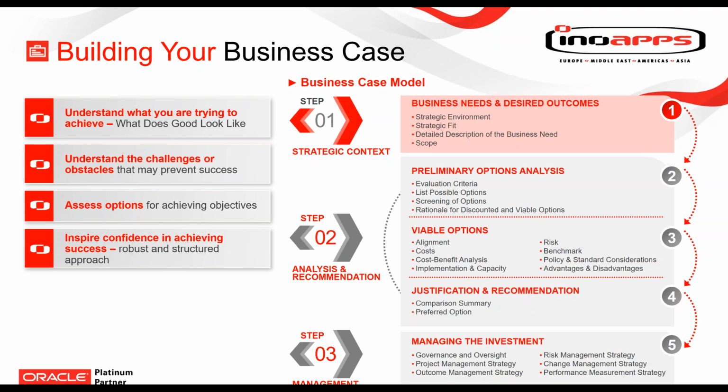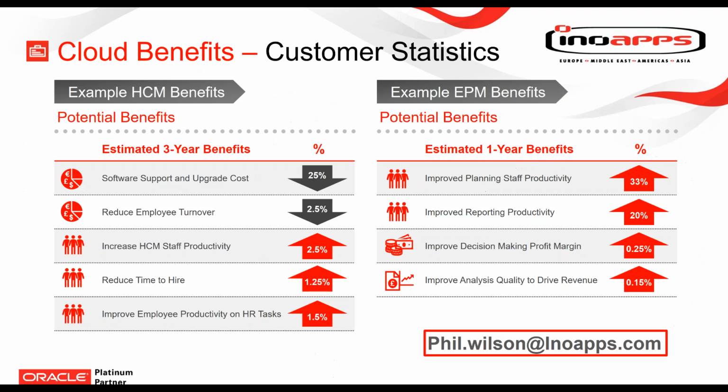One of the other things that we get asked quite a lot is, and each customer is different, but one of the things we get asked is how do you put into a value the business benefits? And again, we've built and shared a couple of models here around what we see as market standards in terms of benchmarking benefits driven through, in this example, HCM projects and an EPM project.